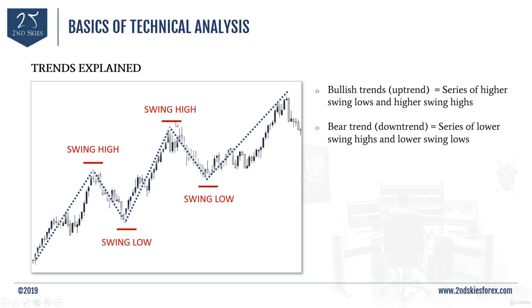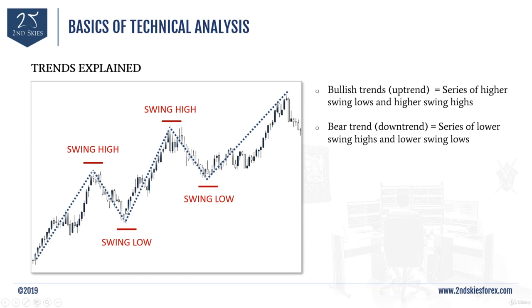And since this swing point is higher compared to the previous swing point here, it's called a higher high. And once this pullback is over, a new swing low is formed, but this one is higher compared to the previous swing low, which means this is a higher low. So in trends, we're talking about a series of higher highs and higher lows, which would be a bull trend, or a series of lower highs and lower lows, which would form a bear trend.